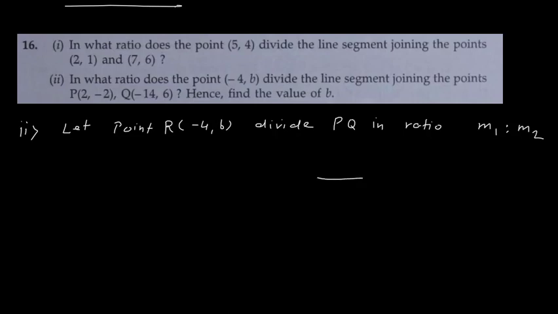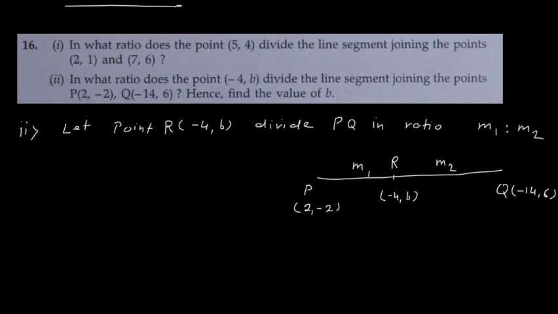So here I have P, which is (2, -2), and here I have point Q, which is (-14, 6), and here we have point R, which is (-4, b), and this point R divides PQ in ratio m1:m2.